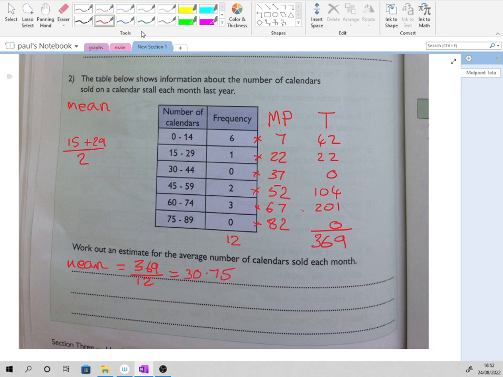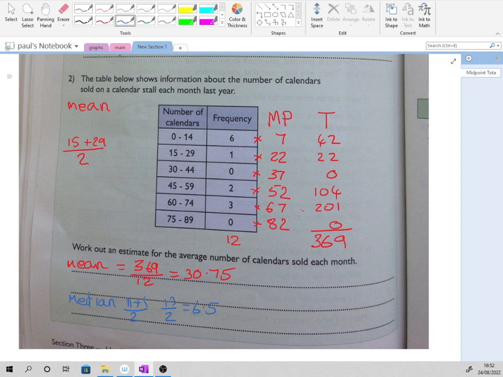30.75. Should we do the median as well whilst we're here, yeah? So do the median. They didn't actually say which one they wanted us to do. They just said work out an estimate for the average. So the median, n plus 1 divided by 2. So it's 12. So that's 13 divided by 2, which equals 6.5. So we can count 6.5 up.